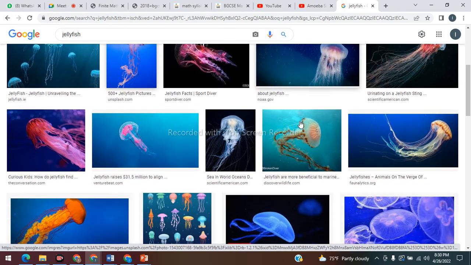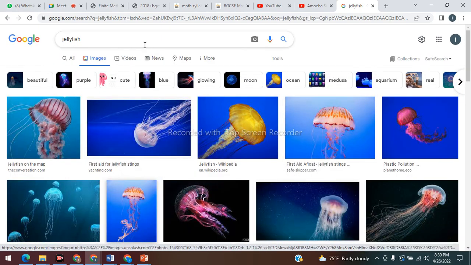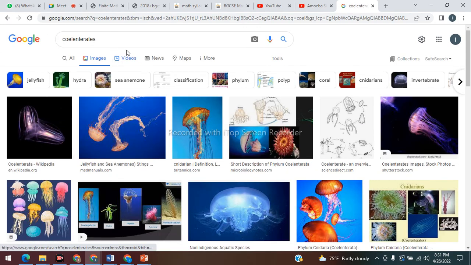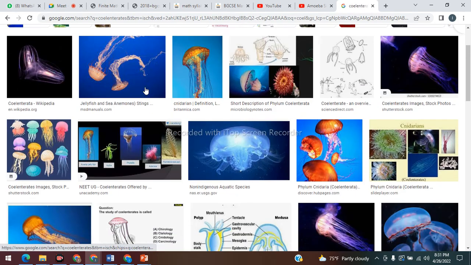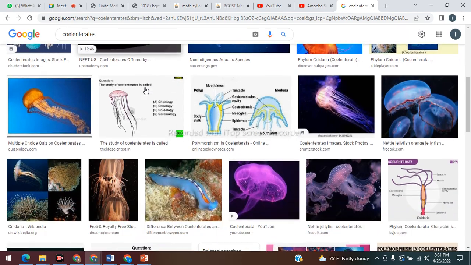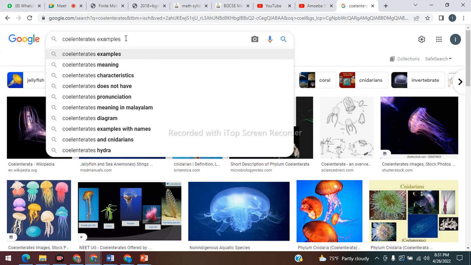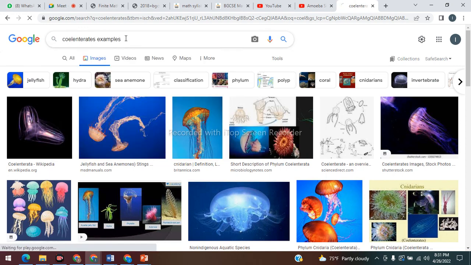So these are your jellyfish. They are the Coelenterates. Let's look at some more examples. Jellyfish is a big example that they typically use. We talked about the jellyfish, the sea anemone, the hydra.